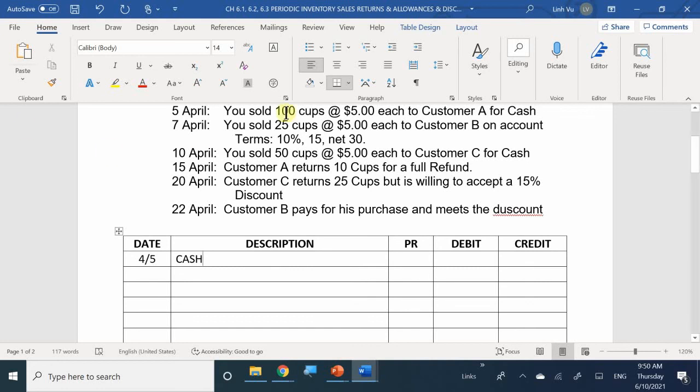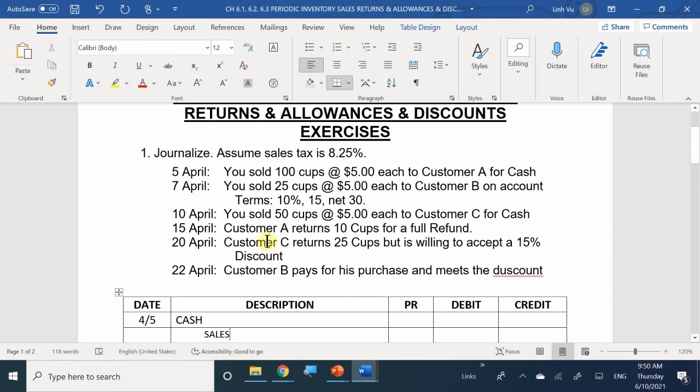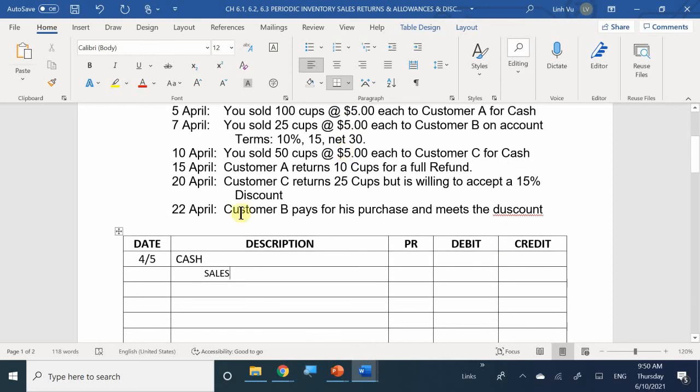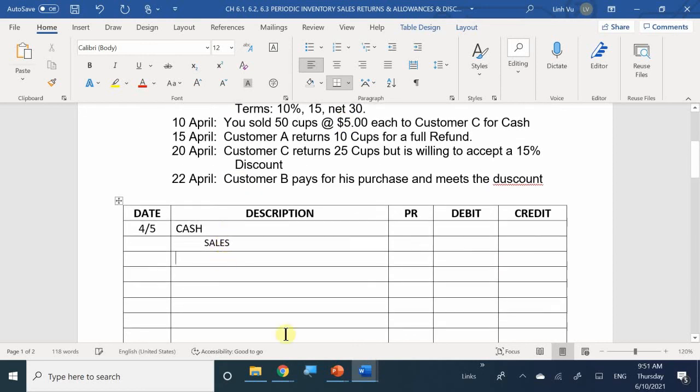What about the tax? Yes, we do have sales tax because I said assume that sales tax is 8.25%. So we are charging our customers tax, yes. Sales tax.